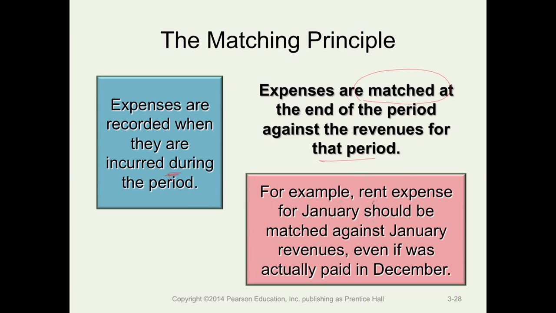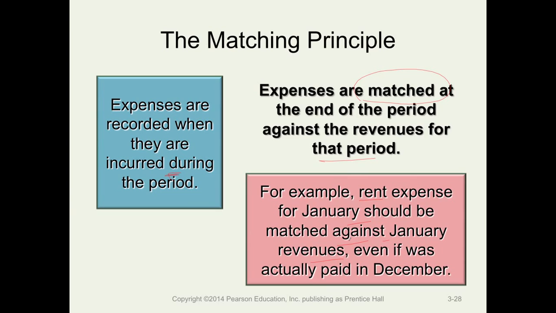So, for example, a rent expense for January should be matched against revenues in January, even though it's prepaid in December. So if you pay your rent a month early, then it's not an expense because you didn't occupy the office space or the store that you're renting until January. So regardless of when you pay, you have to match it with the revenue.